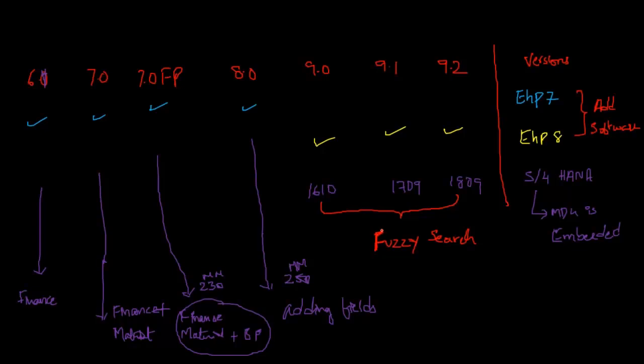If your database is not on HANA, you cannot implement fuzzy search. If you want to implement a fuzzy search, there are other tools or software like TREX, which the customer has to purchase, install and connect to that engine to do this fuzziness. So the major difference comes with the 1610 S4HANA version, which is nothing but a fuzzy search.